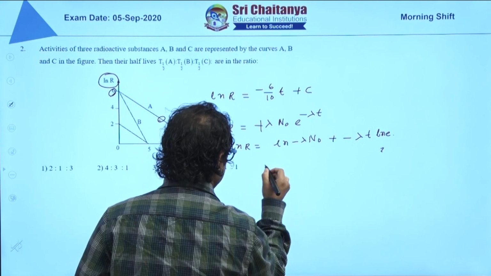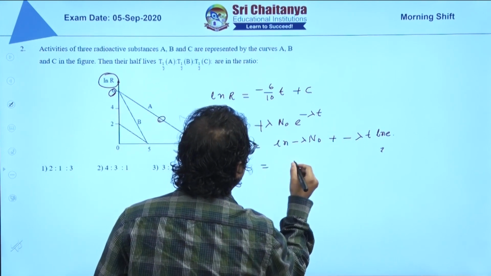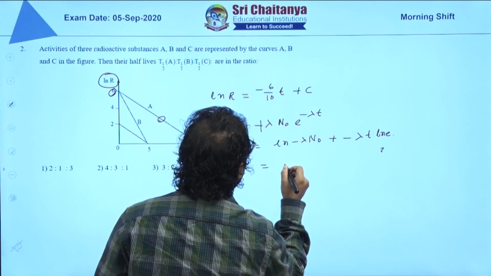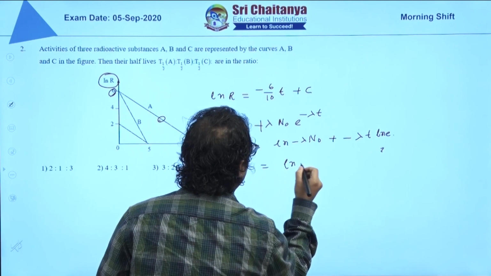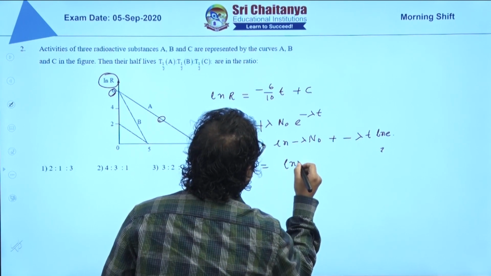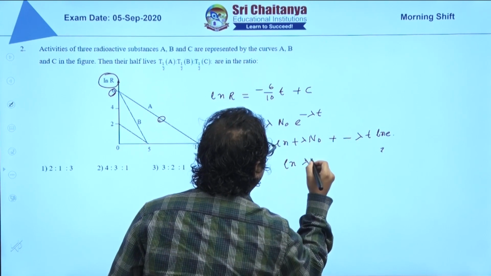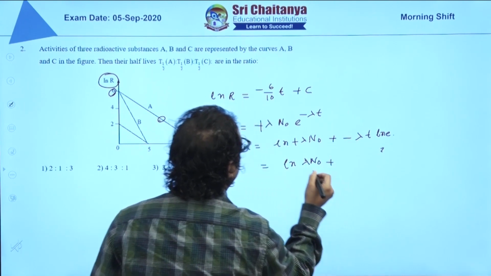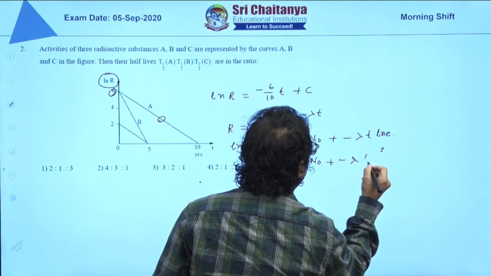So we write ln lambda N naught plus, it is minus lambda into t.